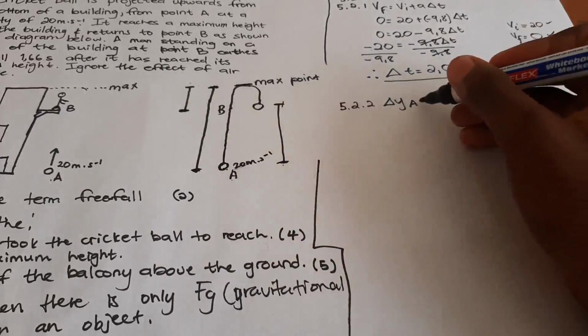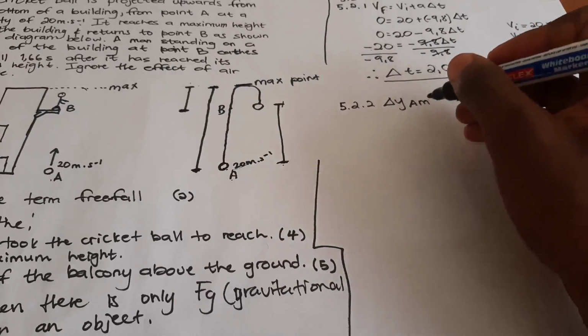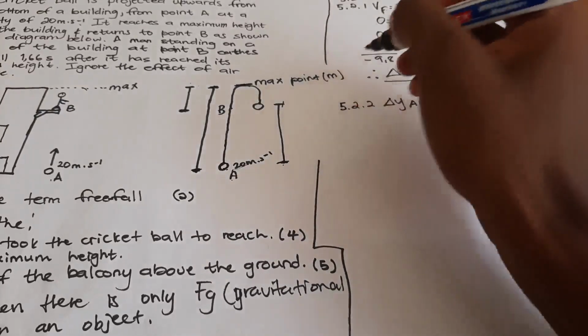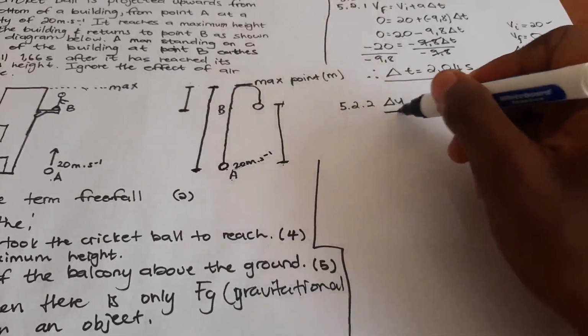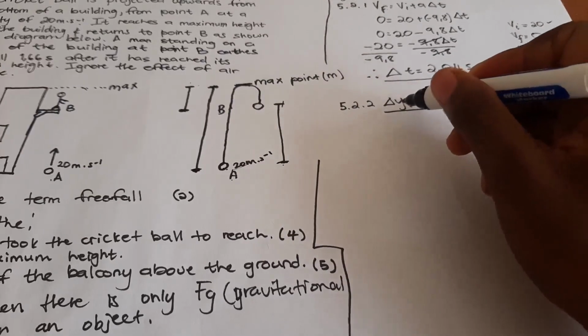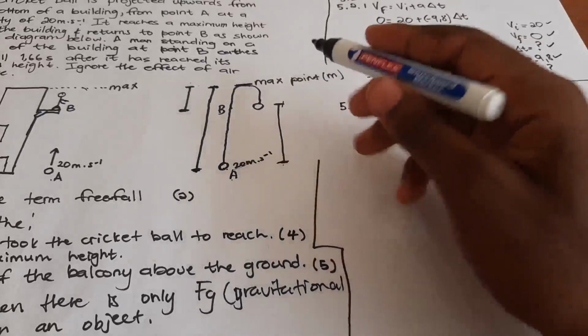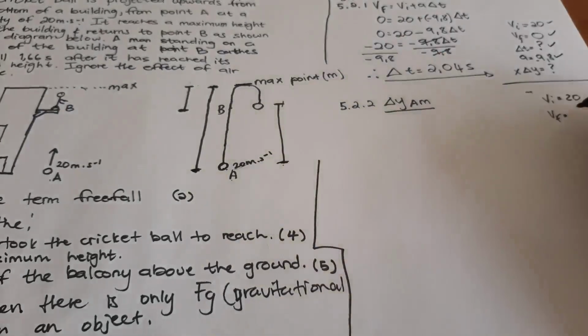Let me say M stands for maximum, guys. So we're going to first calculate this change in y of A to M. Final velocity is 0 there at the maximum point. Change in time is equal to 2,04.